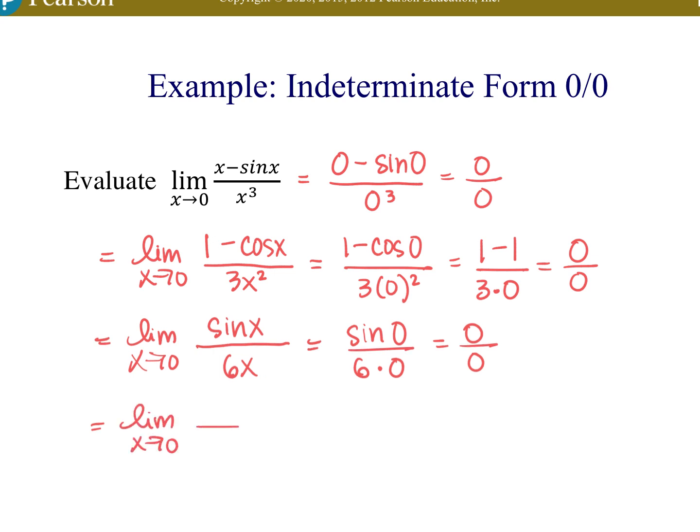Will there eventually be an end? Will there be an end to the numerator? What kind of function am I working with in the numerator? Is it a log? What is it? It's a trig. And what do trig functions always do in their derivatives? They cycle. So the top is just going to cycle back and forth. The bottom, what kind of function is that?